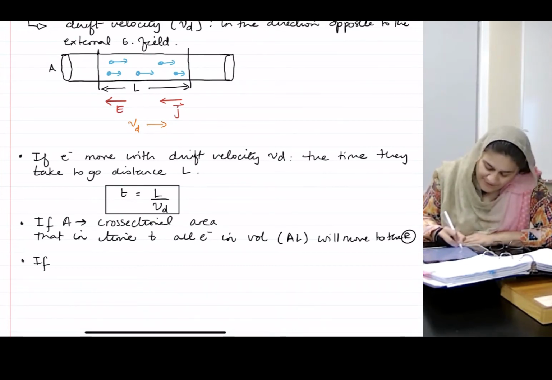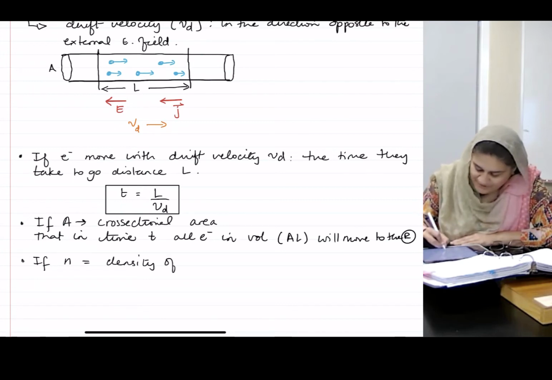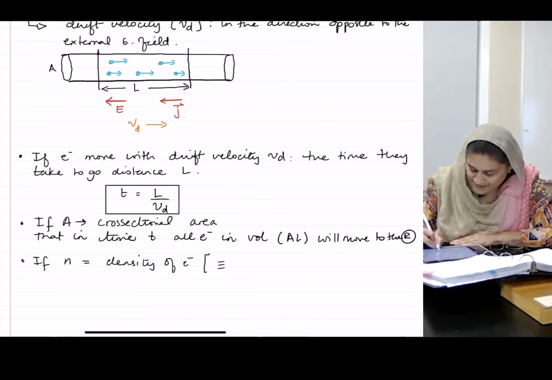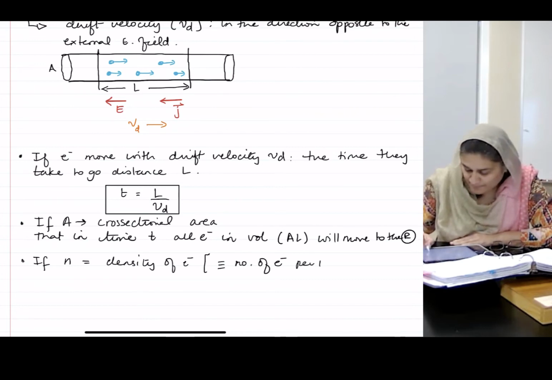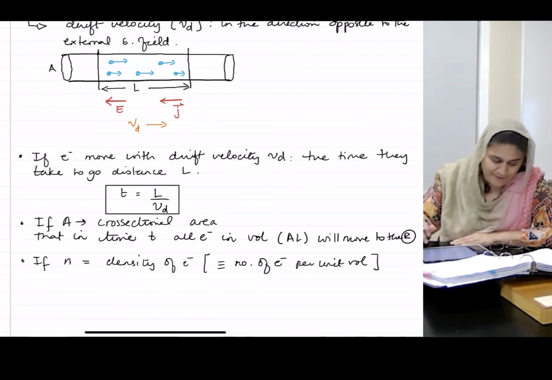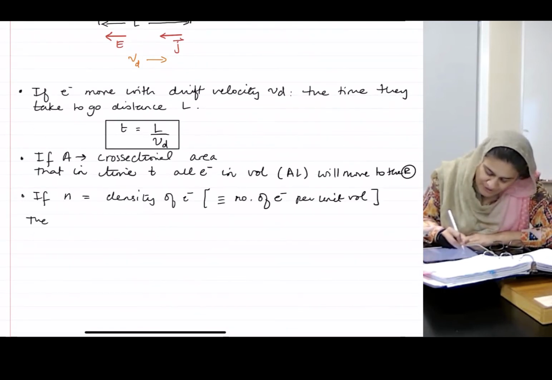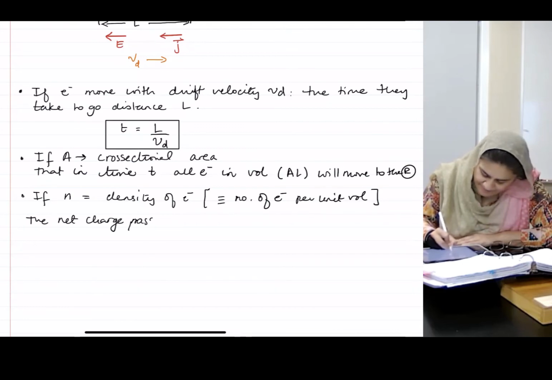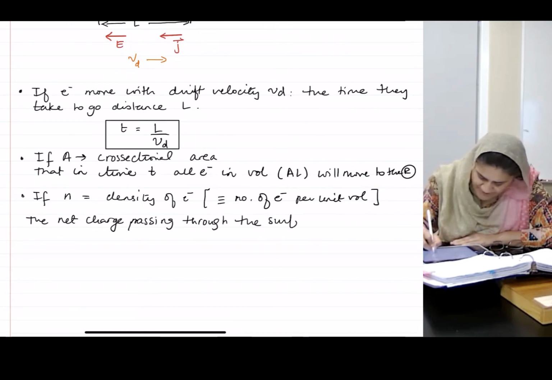And if N is the density of those electrons, that is defined as the number of electrons per unit volume, then may I write the net charge passing through the surface as Q equals ENAL.